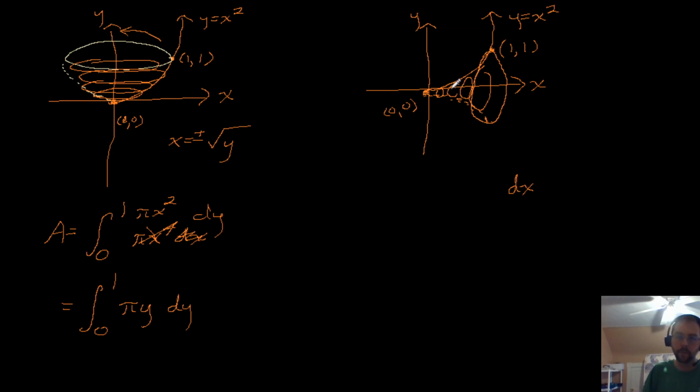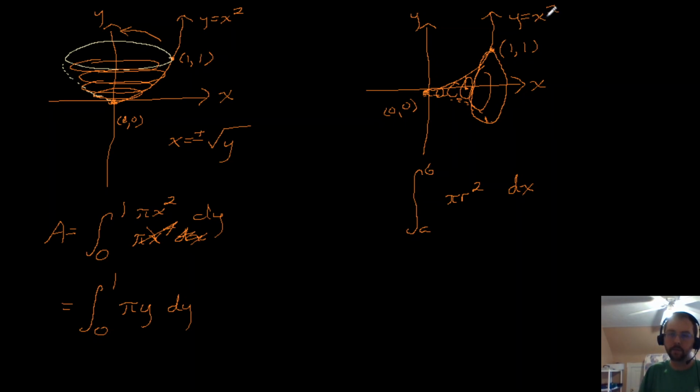Our formula for area is going to be, once again, pi r squared, because they're circles, which is just kind of given in the setup of the problem. And we need to take the integral from a to b, the first x value to the last x value. R in this case, as you can see, the radius of each of these circles is going to be whatever the y value is at that current point.